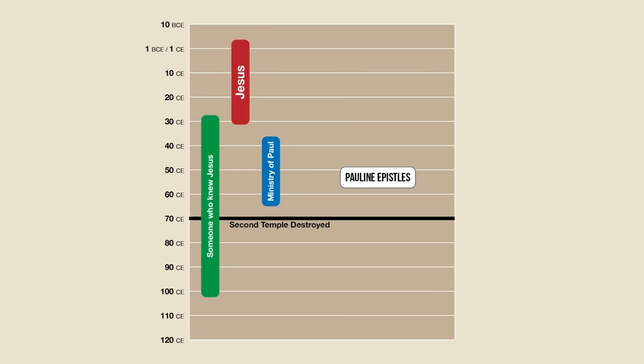Most scholars do place Mark somewhere just shortly after 70 CE, and then Matthew and Luke-Acts somewhere around 10 years later. Q, if it did exist, would be placed before 70 CE, perhaps as early as the year 40. John, on the other hand, is usually placed last, around the year 100 CE.